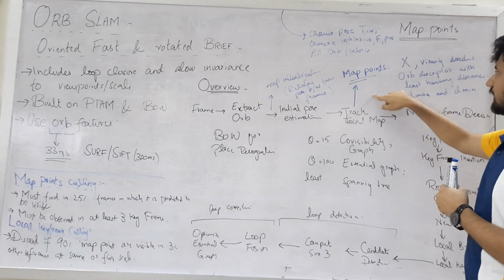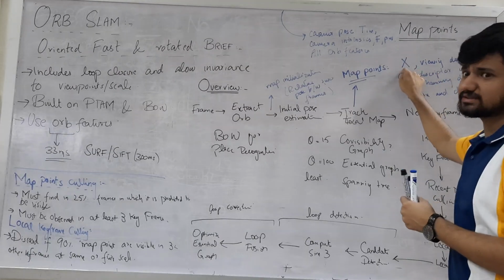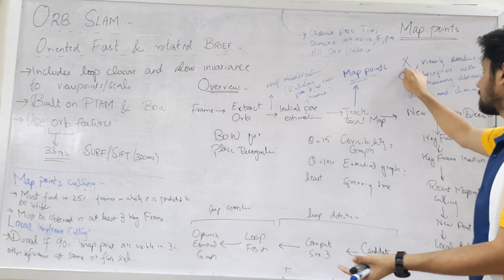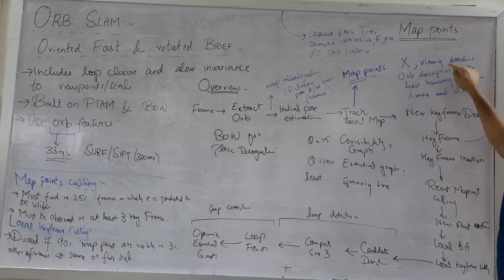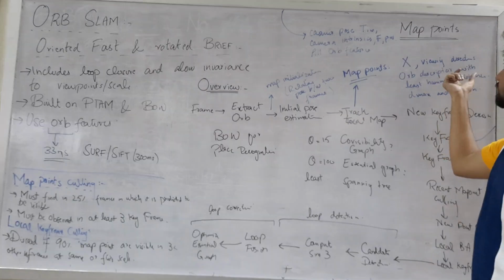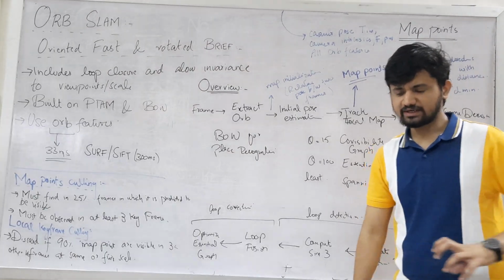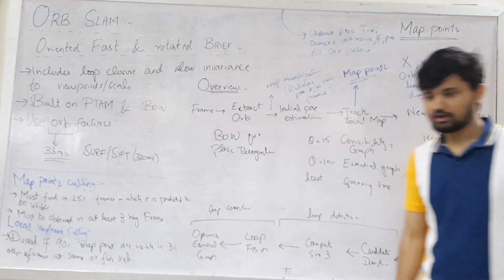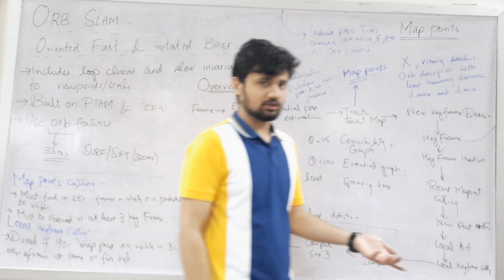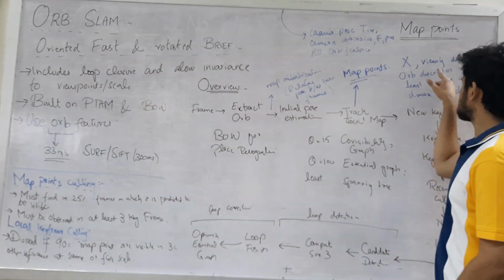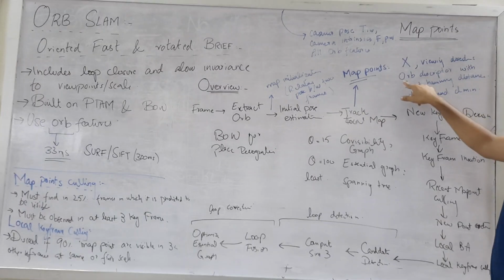First, it knows the exact 3D location in the environment. Secondly, it has the viewing direction, from where it has been observed, or how it will look when observed from multiple directions. It is a unit vector.